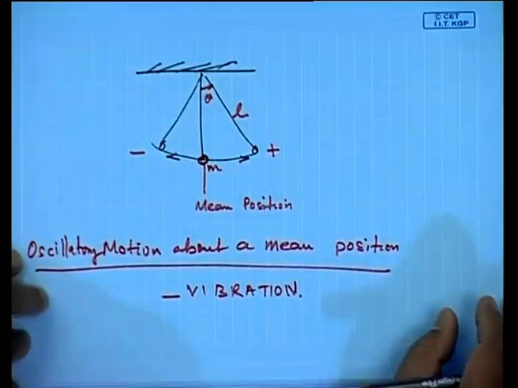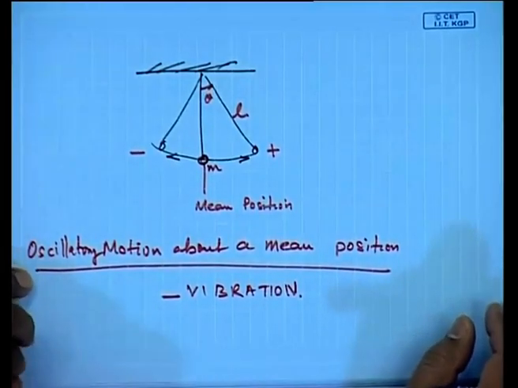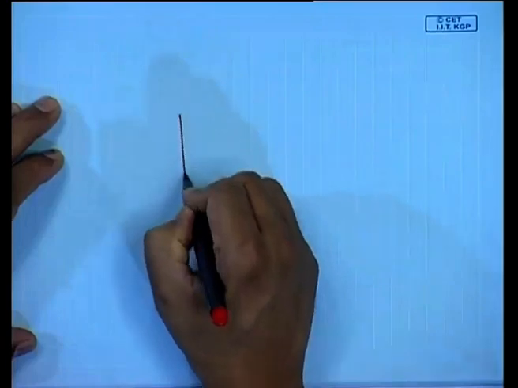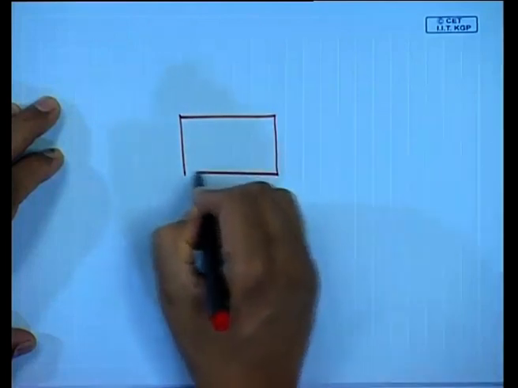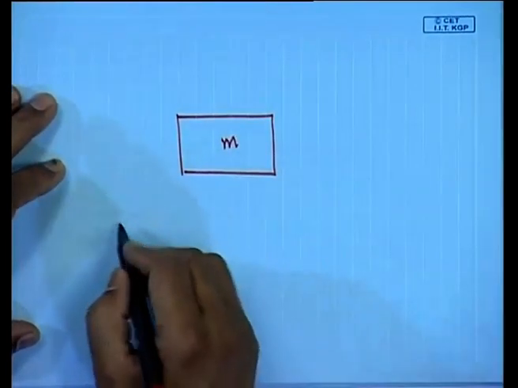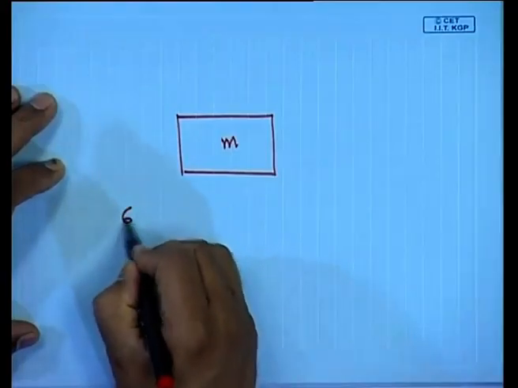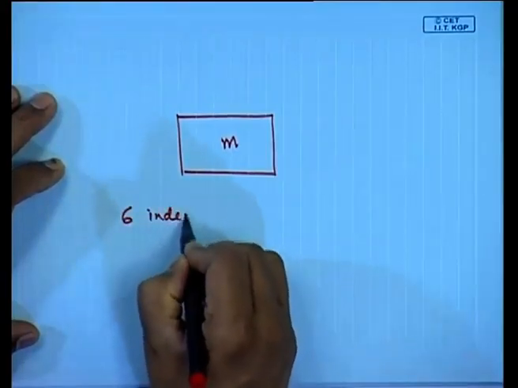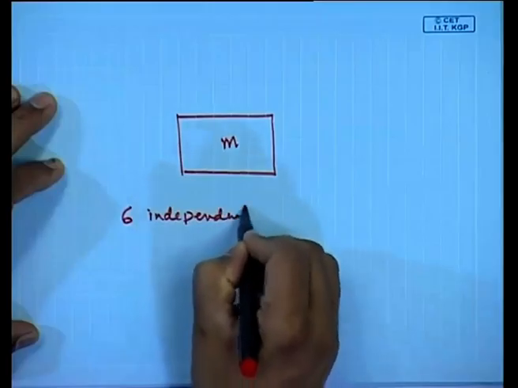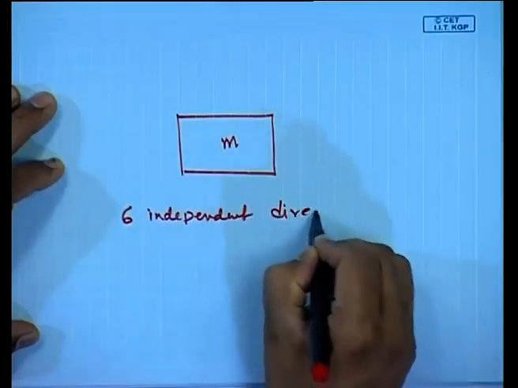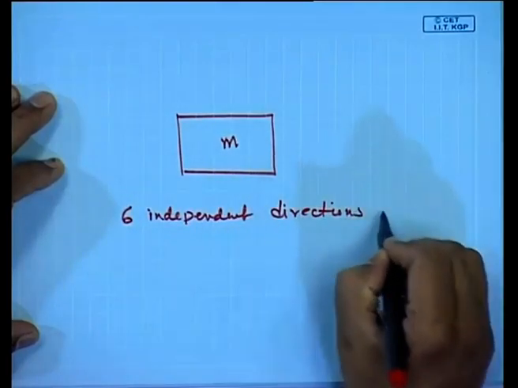Well, this motion can have direction. If I take a body, say of mass m in space, this body can have 6 independent directions of motion.